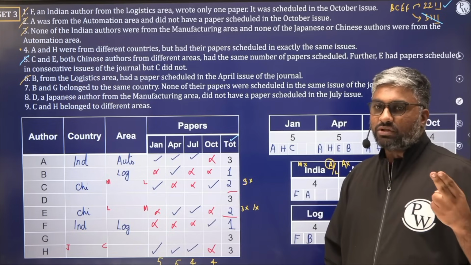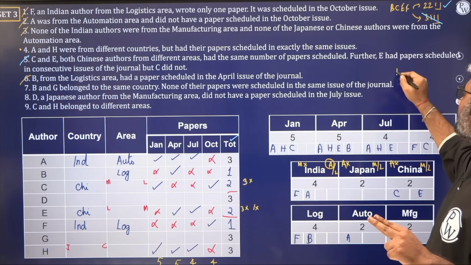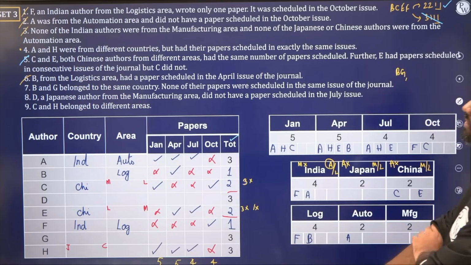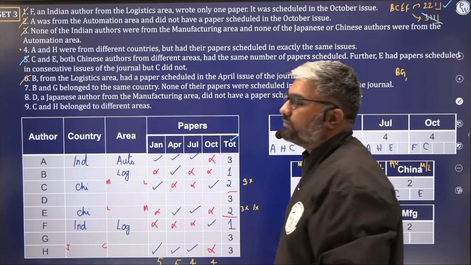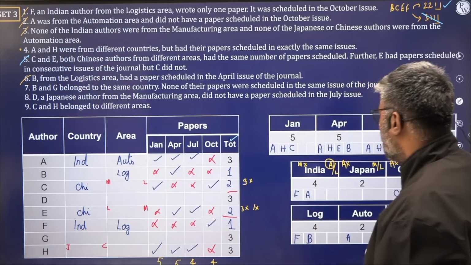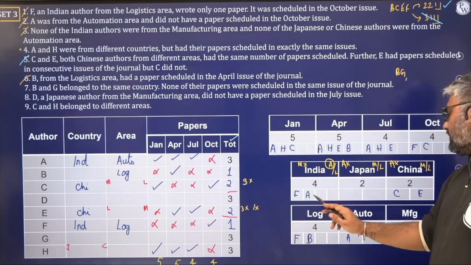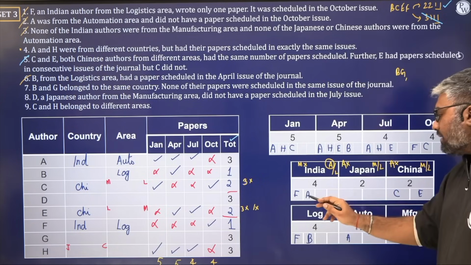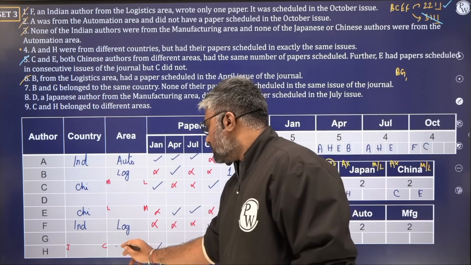We also had a clue here that said A and H were from different countries, so it's got to be what? If A is here, the only place for H is in Japan. China is taken up, so H has to be for Japan. I'll just mention that here.